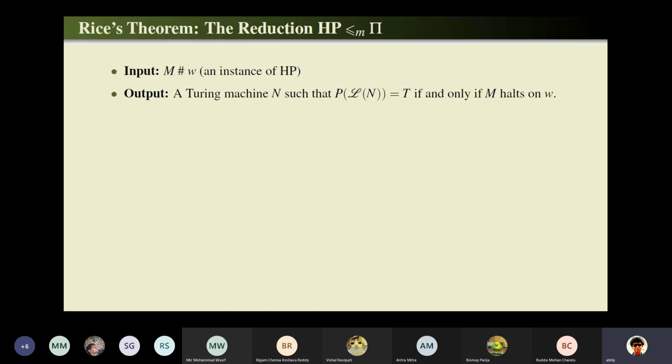And if M does not halt on W, then the corresponding Turing machine N has a language which does not satisfy the property. So Turing machine N is the output of this reduction algorithm such that the language of N satisfies this property if and only if M halts on W.